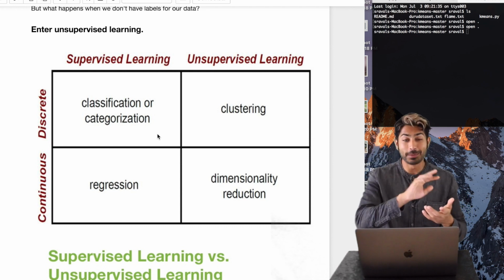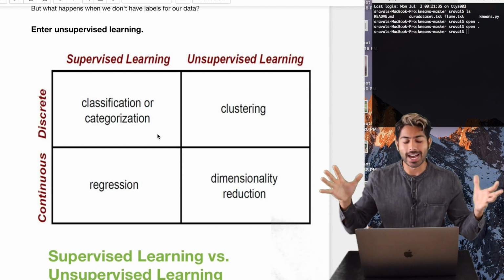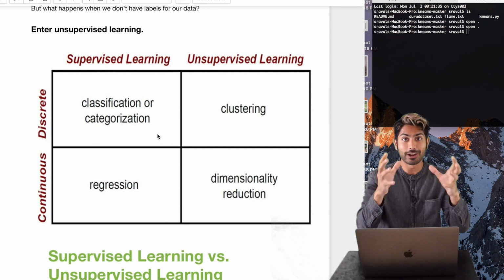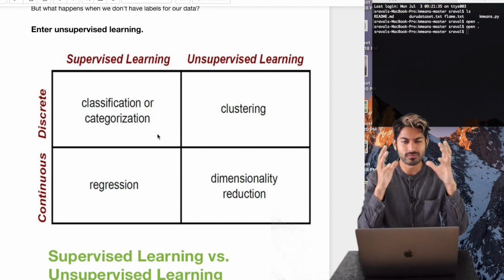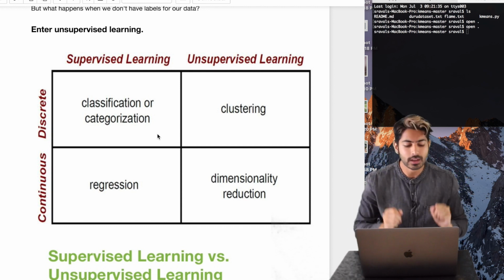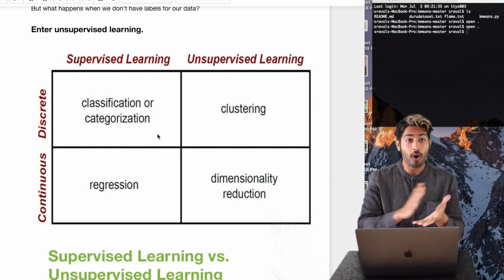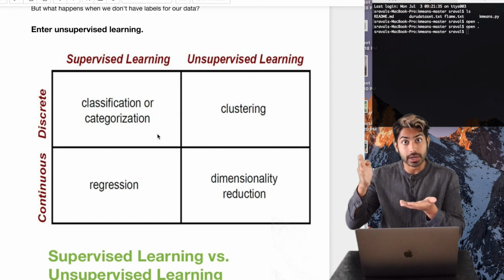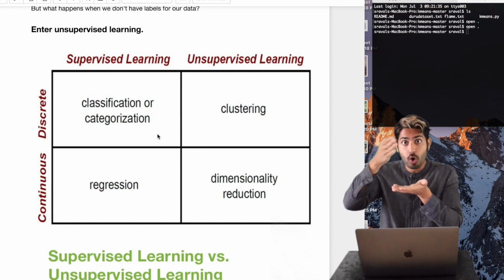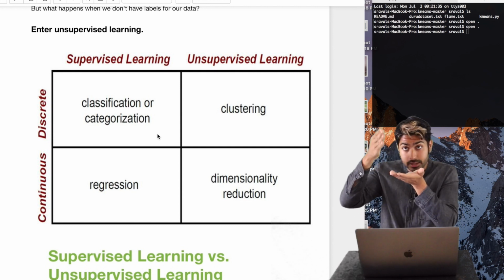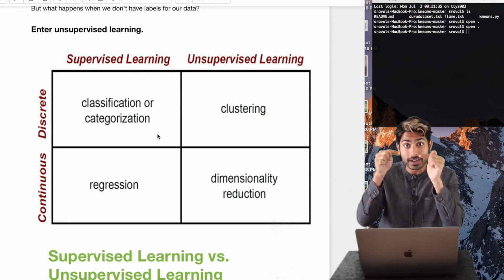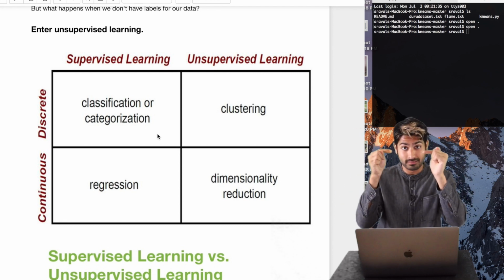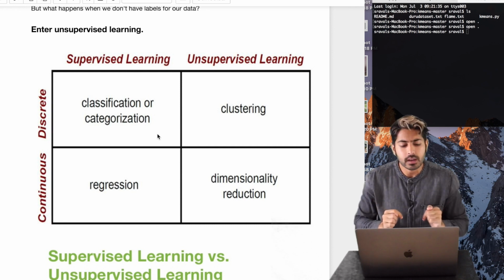Not just binary, because it could be multi-class, but outcomes that are containerized into specific labels. Whereas continuous outcomes are like time series data, where it could be a value between 2 and 3, or between 2 and 2.5, or between 2 and 2.25, and it could just go to infinity in that direction of that numerical interval.